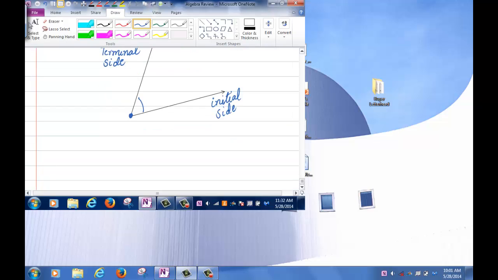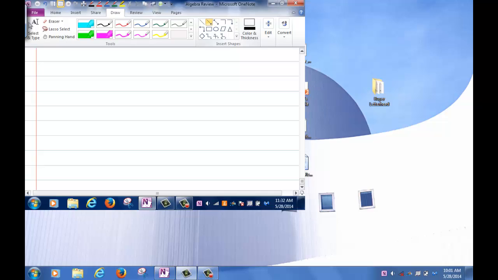But this is how we are going to view this. We are going to view that we have the initial side, and at the beginning, the terminal side is on top of the initial side, okay? And then we fix the initial side, and then we move the terminal side in order to obtain our desired angle, okay?